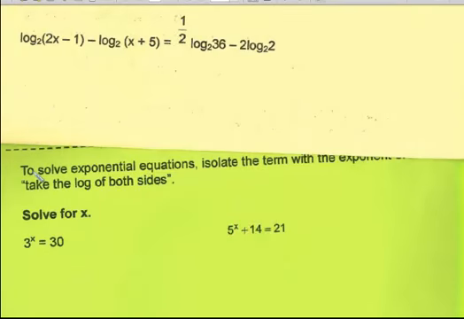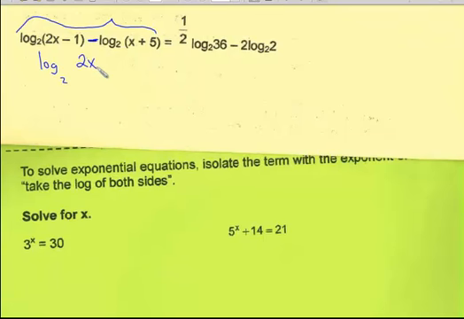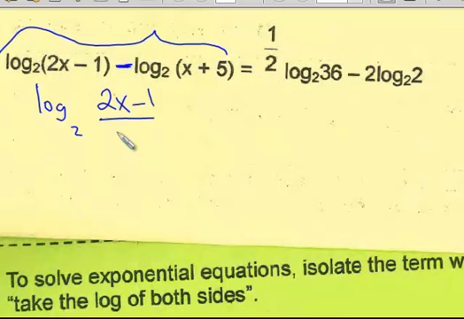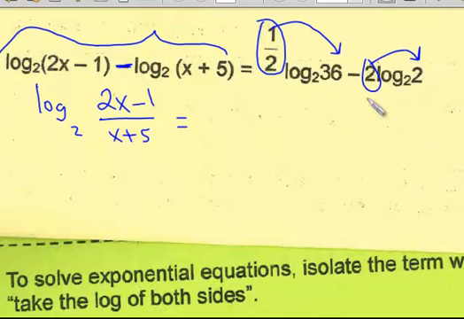Next example, we have to condense on both sides of the equal sign. So let's look at the left-hand side first. On the left-hand side, there's just a minus sign separating them. So we will use log base 2 of 2x minus 1 divided by x plus 5. On the right side, we need to move the 1/2 to its exponent position and the 2 to its exponent position.